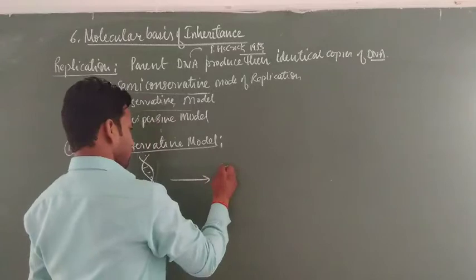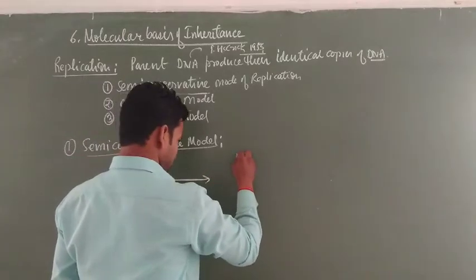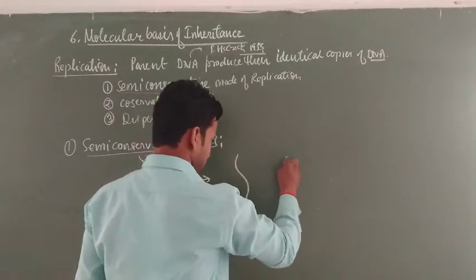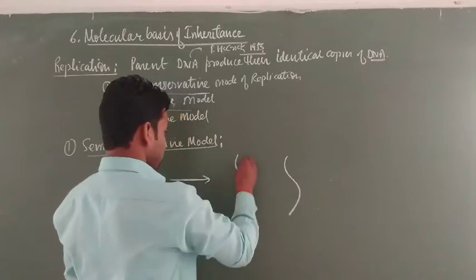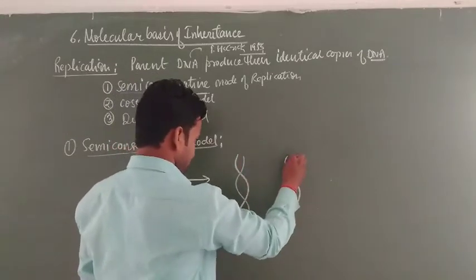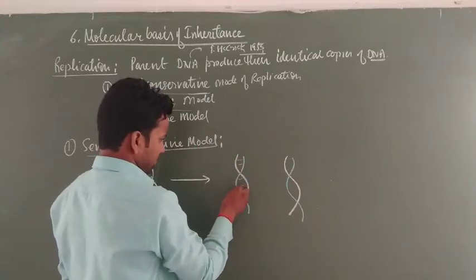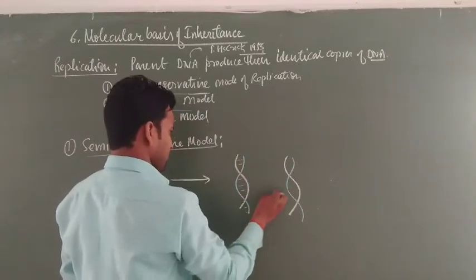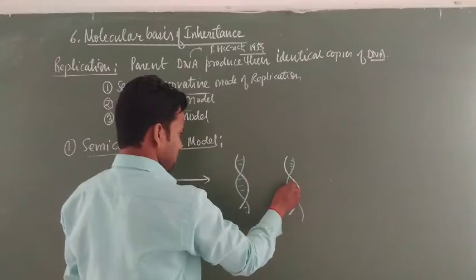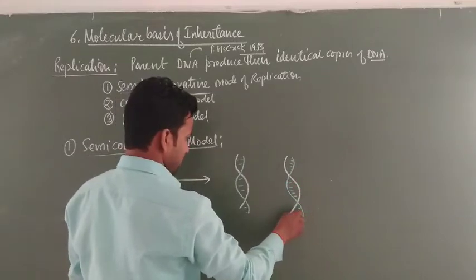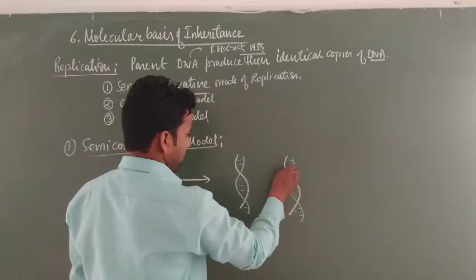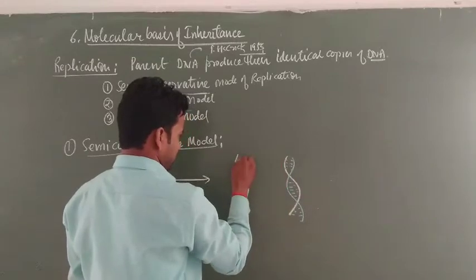In this model, one parent DNA synthesizes two strands of DNA, and in each DNA one strand is new and one strand is old.